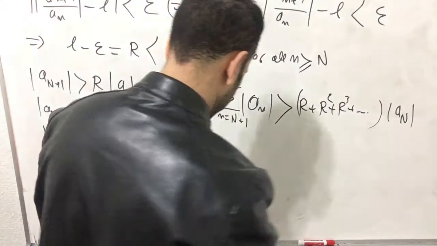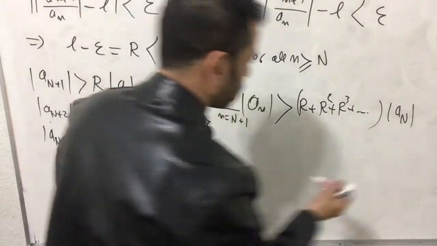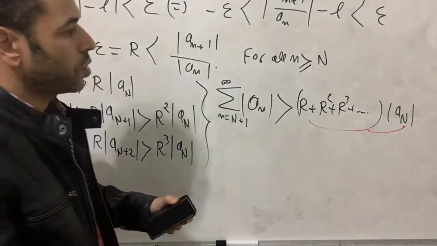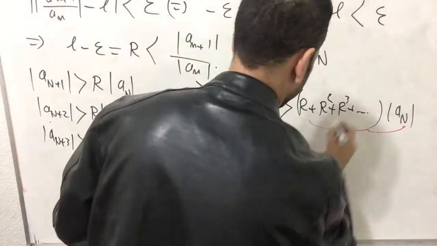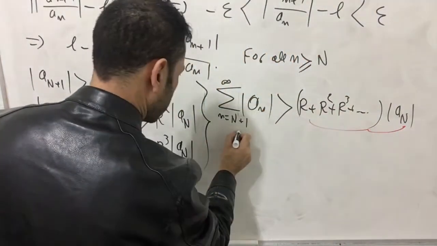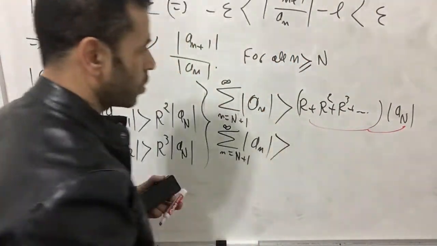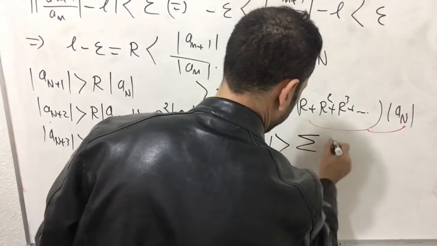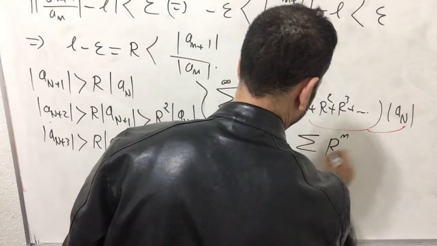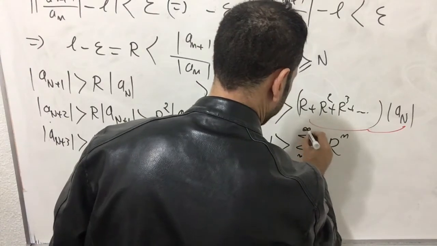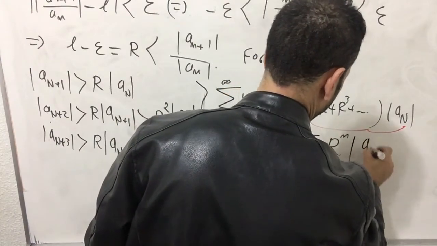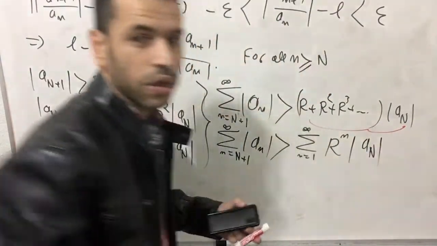So what is this? This is a geometric series. So it is strictly superior than the sum of R to the n, as n goes from 1 to infinity, multiplied by the absolute value of A sub capital N.